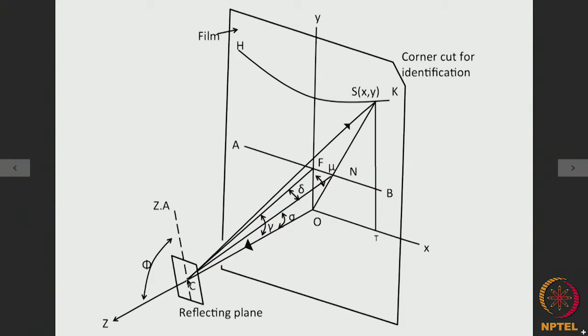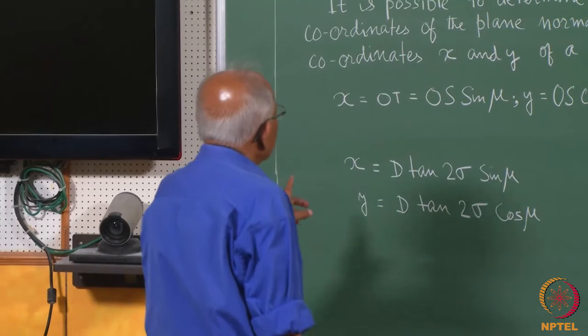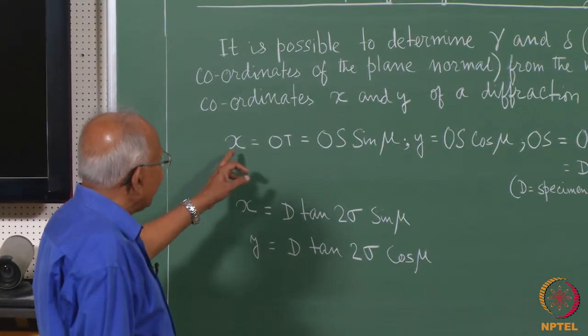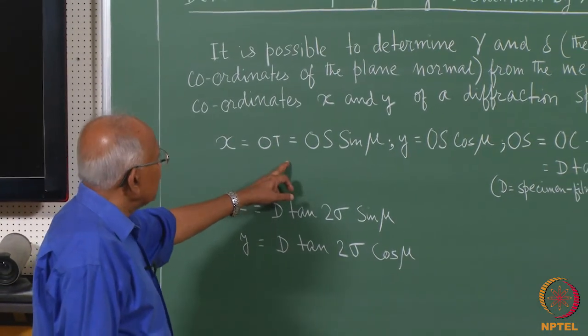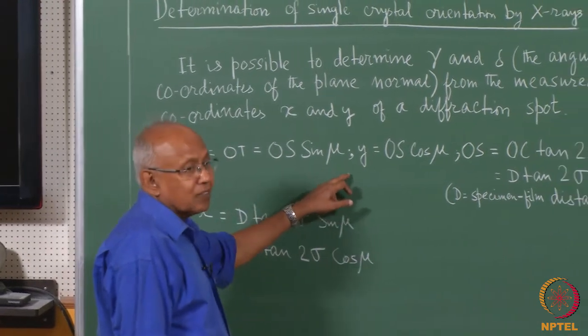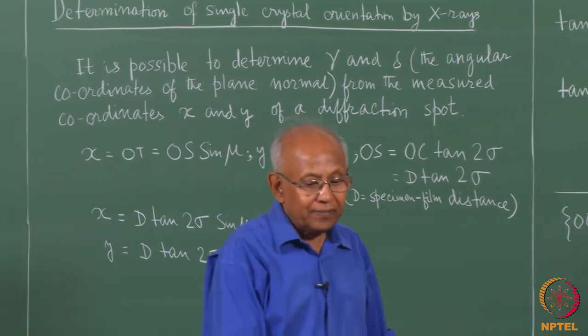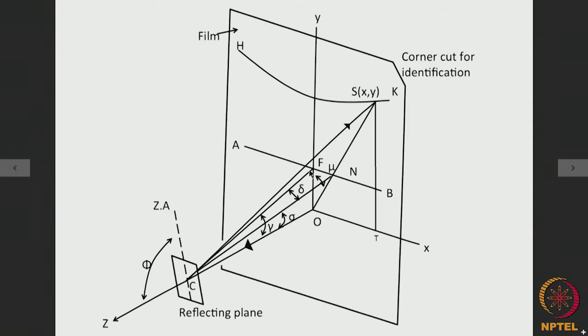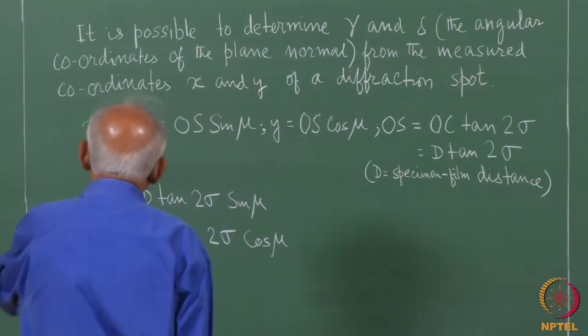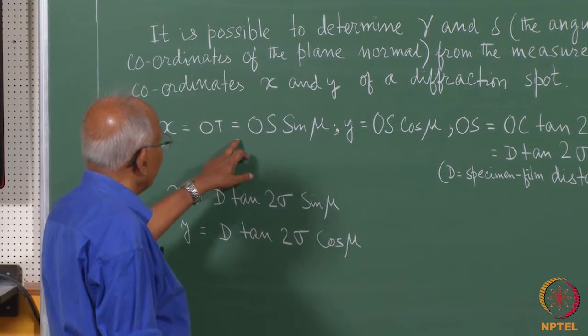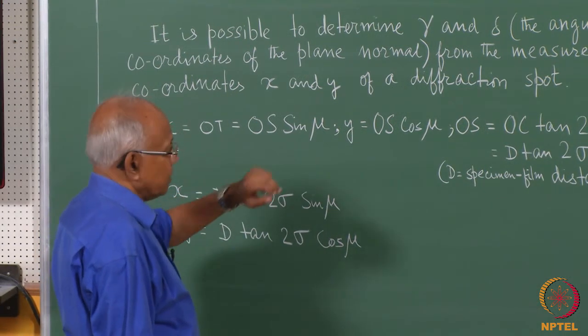Now, from this diagram we find that x is equal to OT, which is nothing but OS sine mu. You see, this angle is mu here, and automatically this angle will also be mu. So, we can write x is equal to OT is equal to OS sine mu.